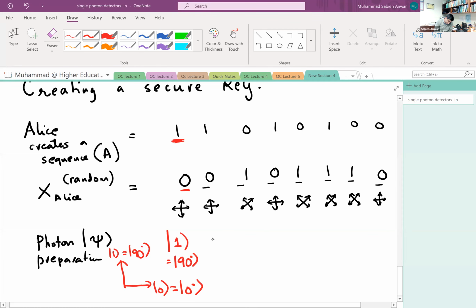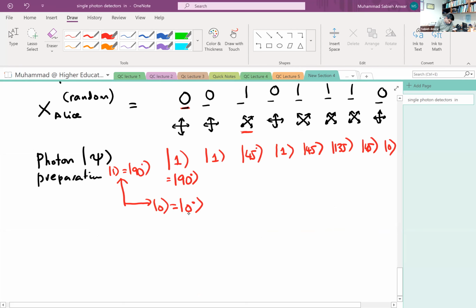Here she also sends a photon in the quantum state cat 1. Here she's using the diagonal basis and she wants to send the bit 0. So she would send 45 degrees. The photon will be a 45 degrees polarized photon. Likewise, I can complete this. So cat 1, cat 45, cat 135, cat 45, cat 0. Okay, so she sends these photons to Bob. So here is Alice.